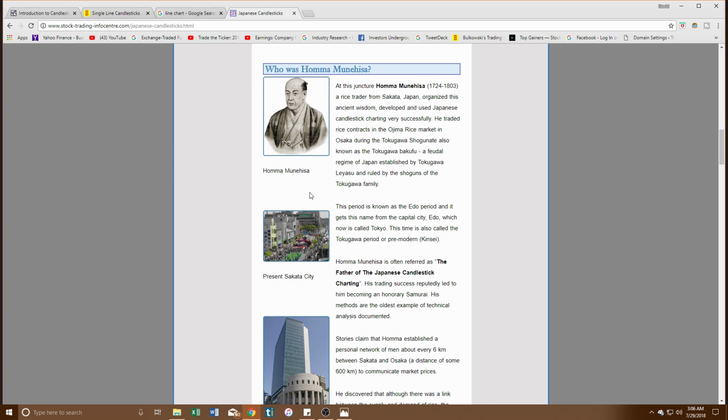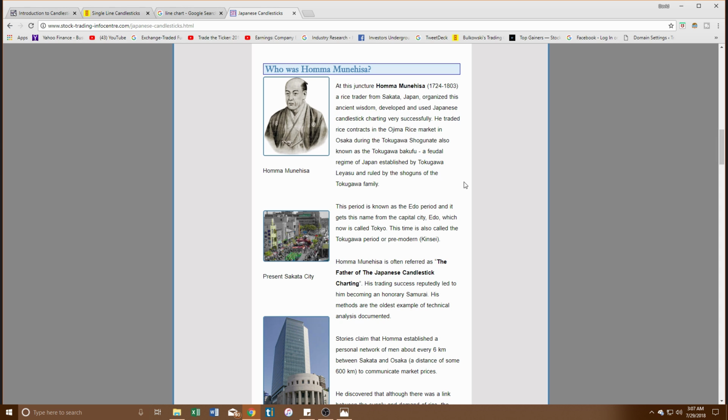Who was Homma Munehisa? At this junction, Homma Munehisa, 1724 to 1803, a rice trader from Sakata, Japan, organized this ancient wisdom, developed and used Japanese candlestick charting very successfully.